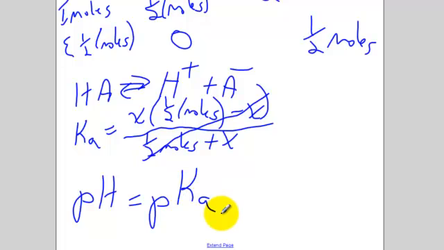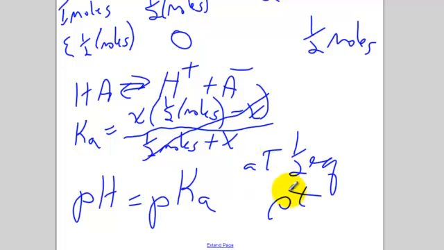So at the half equivalence point, the negative log of the H plus concentration is equal to the negative log of the Ka of the acid. pH equals the pKa at the half equivalence point.